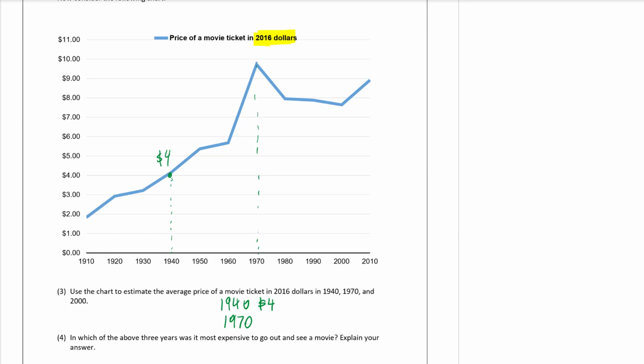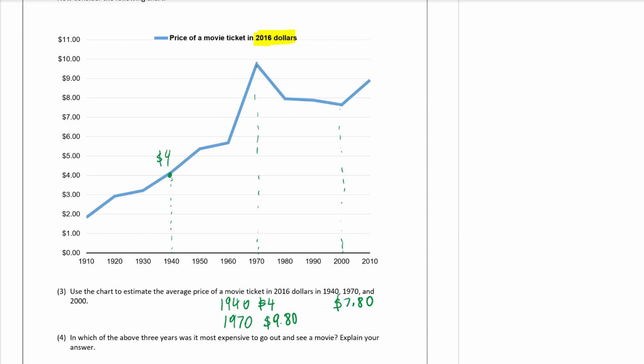It was almost $10, a little less than that, so maybe like $9.80. In the year 2000, we go all the way up, maybe here, so it's under 8, so let's take off 20 cents, so $7.80.